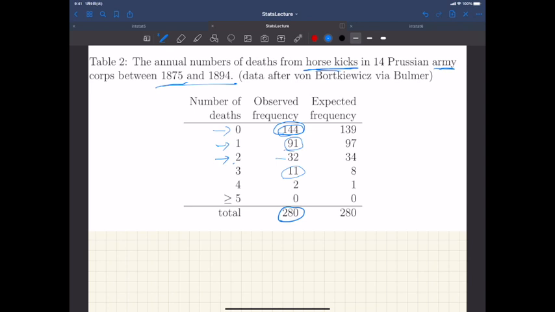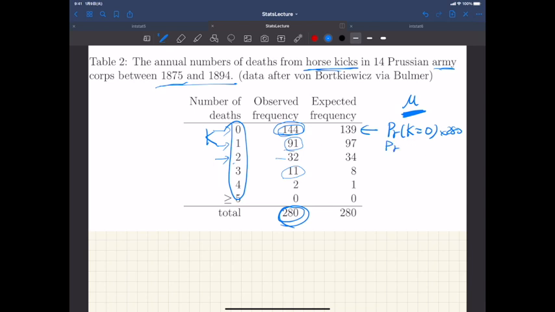So by choosing the appropriate value for this mu, we can calculate the probability of, this number is the random variable k here, of k equal to 0, and if you multiply by 280, you should get this number, 139.